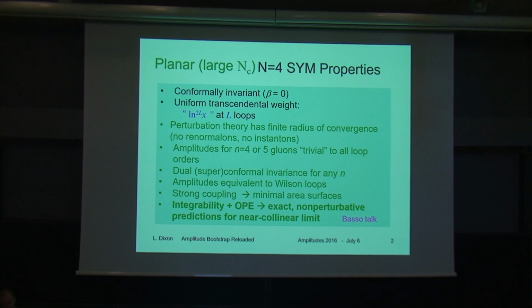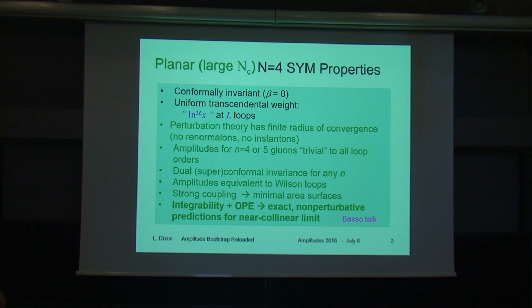We're going to later on see numerical indications of how that can be seen in these high loop order scattering amplitudes. Also, it has emerged over the past 10 years or so that the amplitudes for 4 or 5 gluons are trivial to all loop orders. We understand their kinematic dependence completely. This is intimately related, as many know, to dual conformal invariance and even a dual superconformal invariance that's associated with the n-gluon amplitudes.